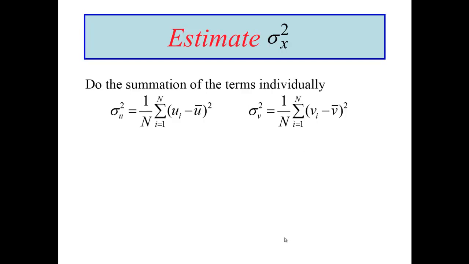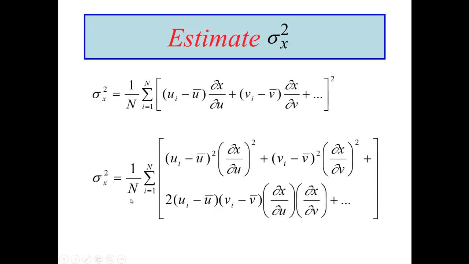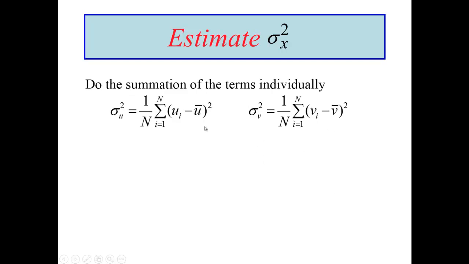Now, when we do the summation of these terms individually, because remember, if you have the summation of a bunch of terms added together, that's the same thing as the sum of each of the terms added together. So what we will do is first evaluate the sum of the first term and the second term. And those turn out to be very easily evaluated because we already know that the variance in u and the variance in v has this form.